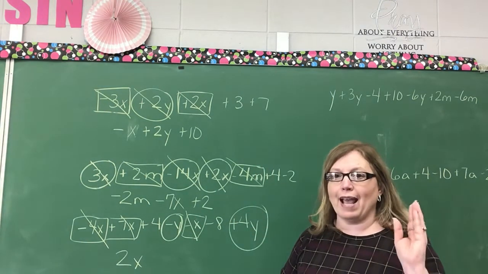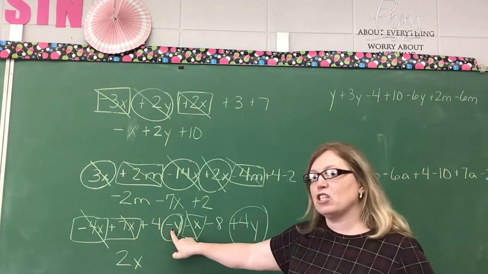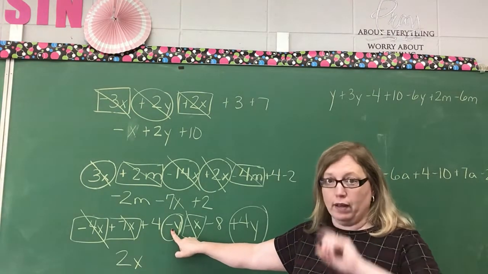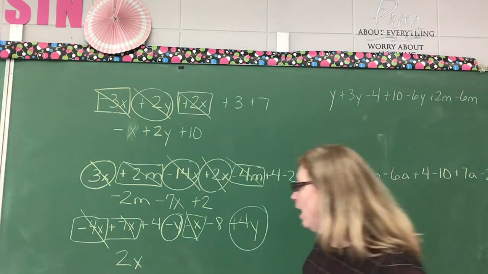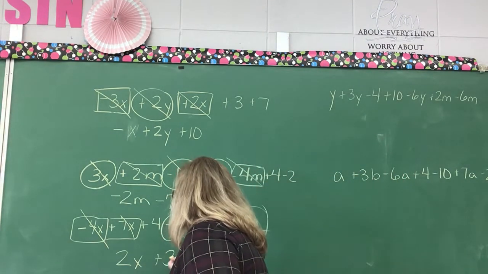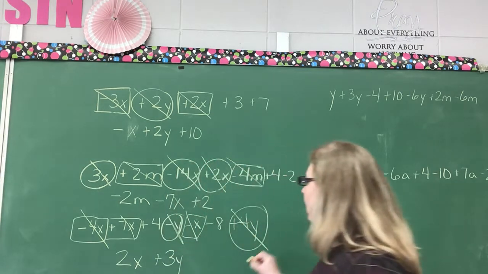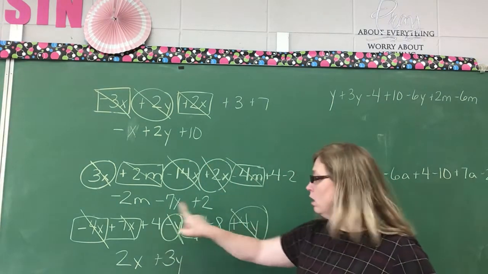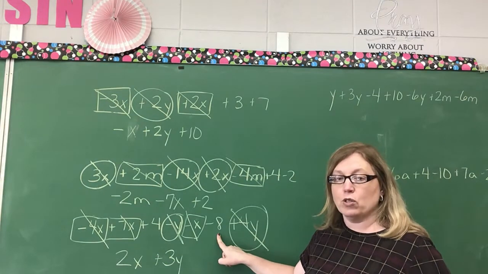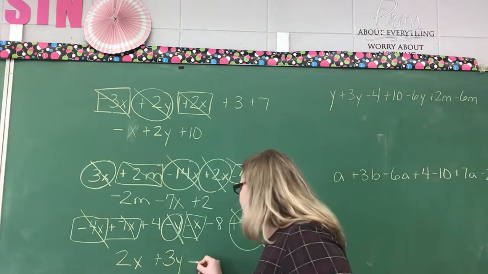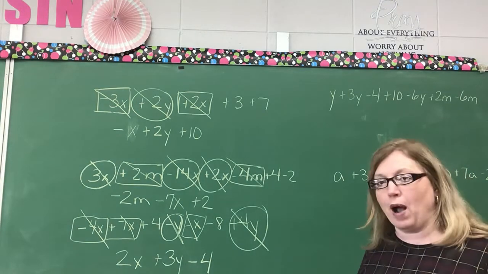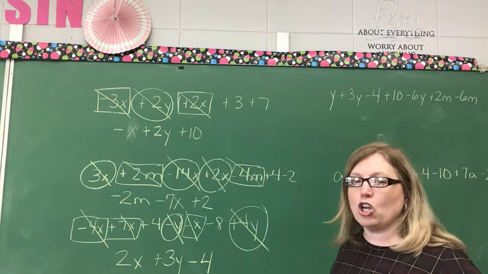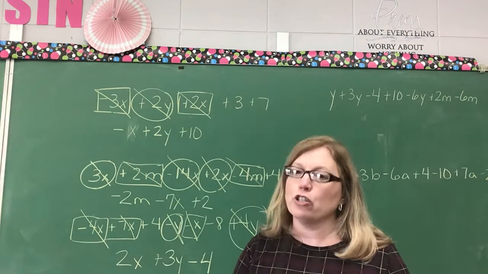So what is this? If it's just negative y, it's a negative 1. Negative 1 plus 4, I have positive 3. So I have positive 3y, and these mark out. Now I have 4 and a negative 8. So what is my answer? Negative 4. My answer is 2x plus 3y minus 4. This is called adding like terms.